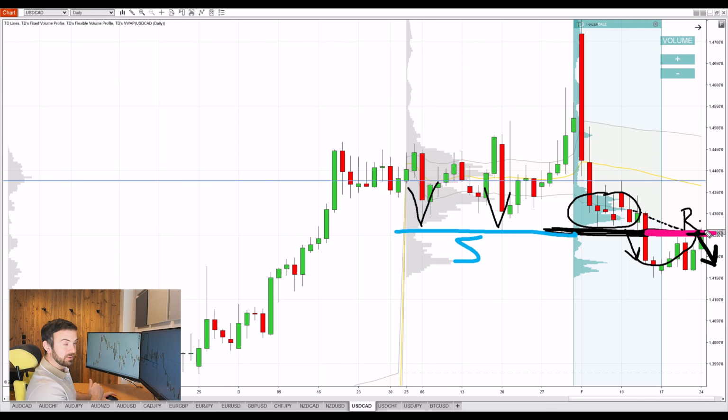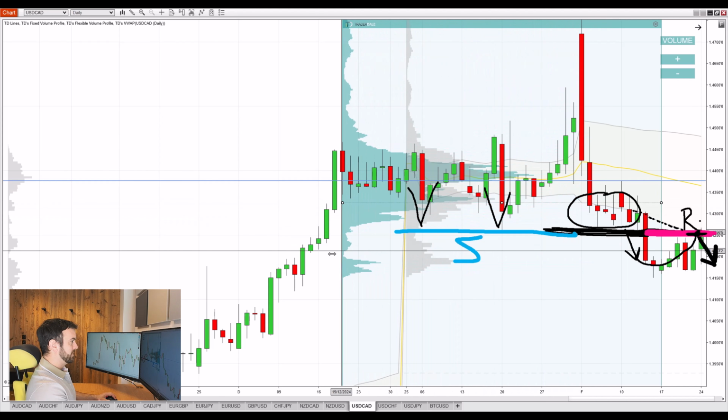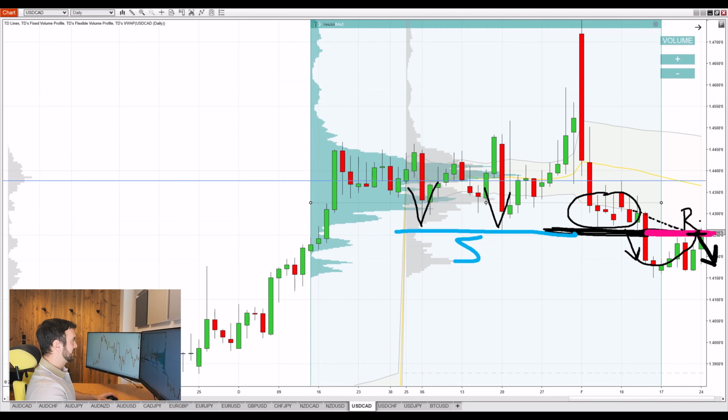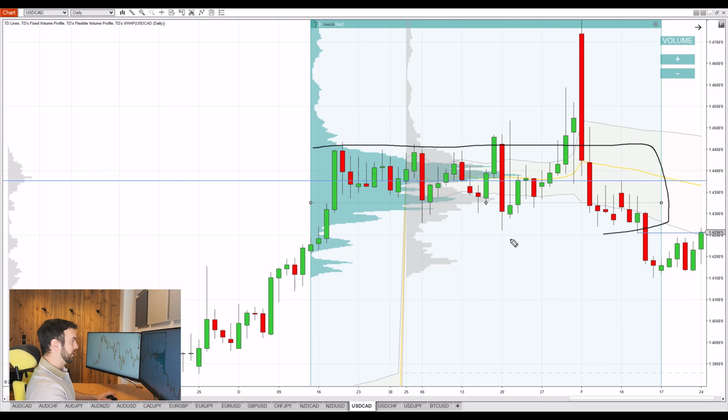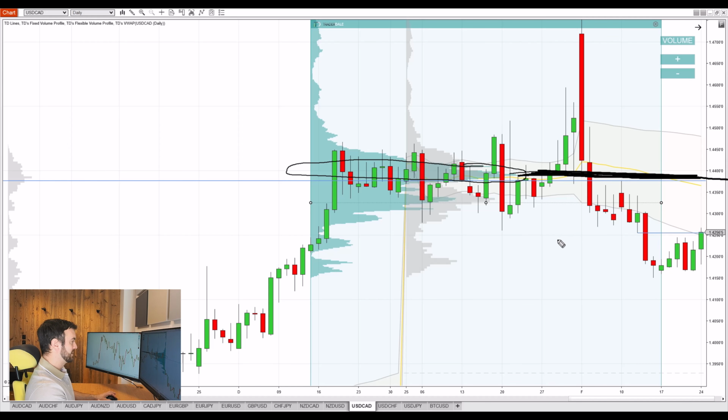Now there was one risky thing here, and I talked about it in the live room we had. If I move the profile like this to look at this whole area, it shows that the heaviest volumes were right here. This is the place where the heaviest volumes were traded.